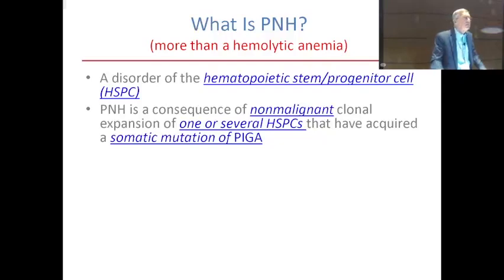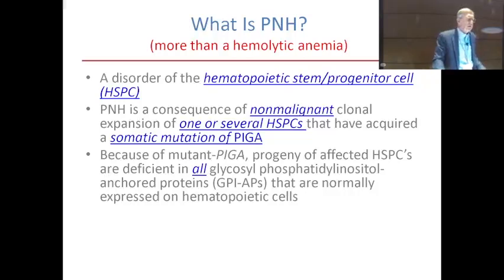And typically in patients with PNH, these somatic mutations have occurred in several different stem cells that are then selected based on the absence of GPI-anchored proteins.